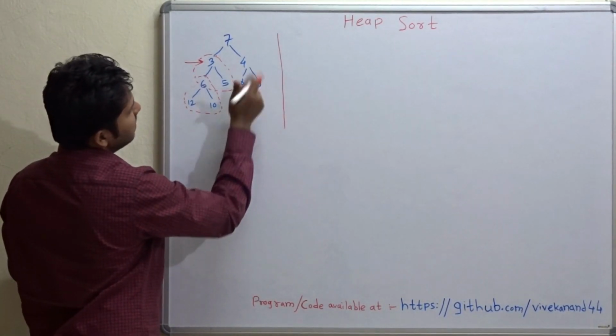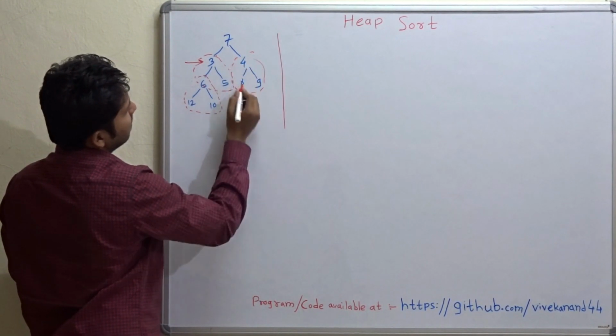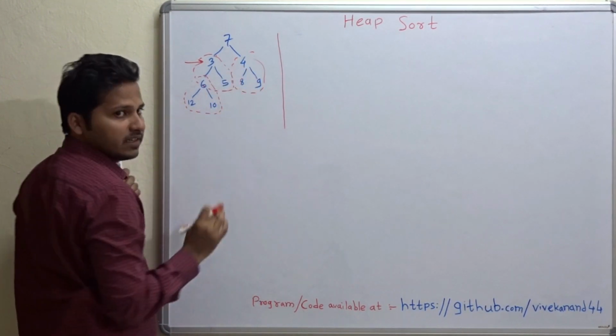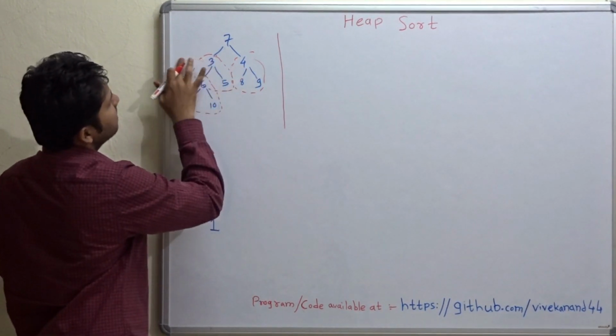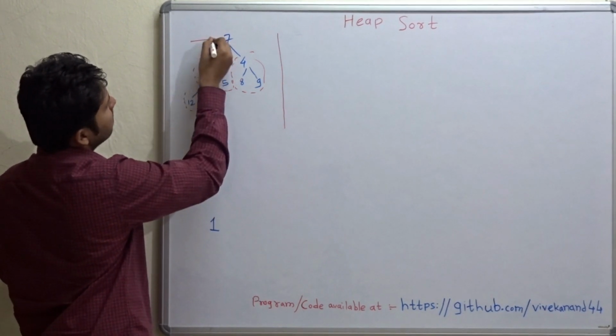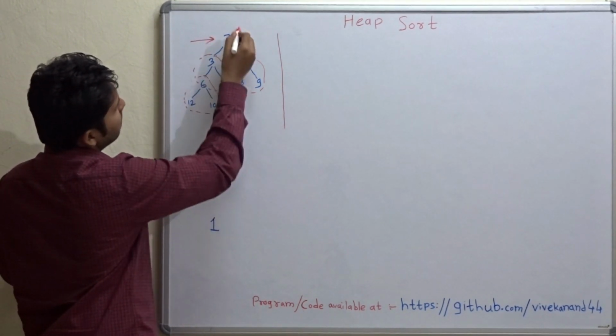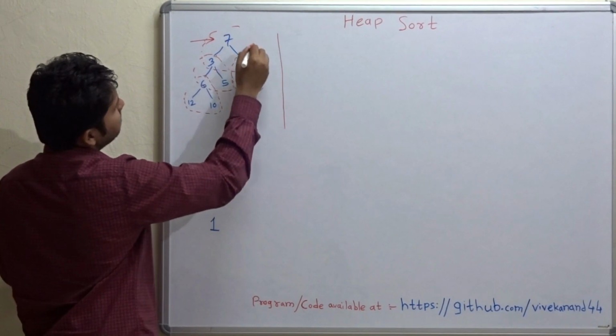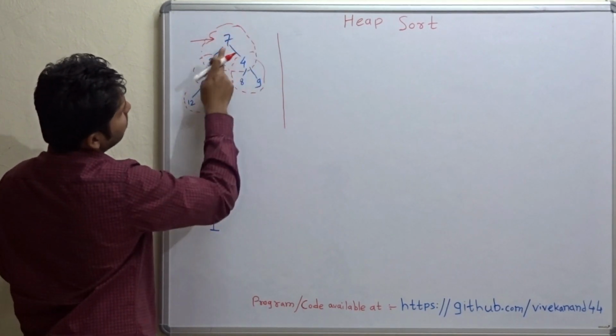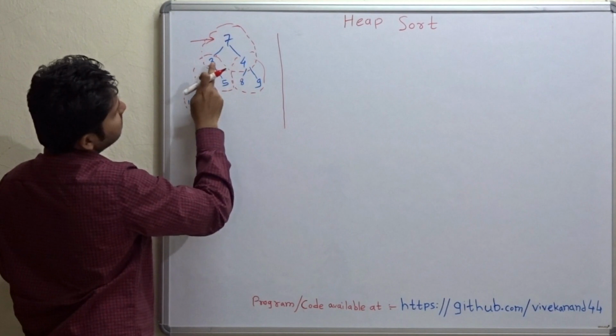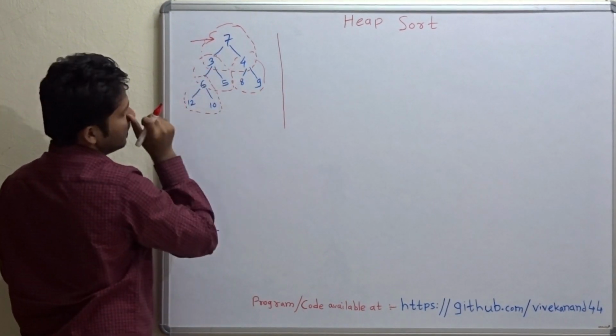Now 4, 8 and 9. Yes, 4 is at its correct position. Let's go to the upper level. 7, 3 and 4. Let's make it a circle. So yes, here 3 is less than 7.